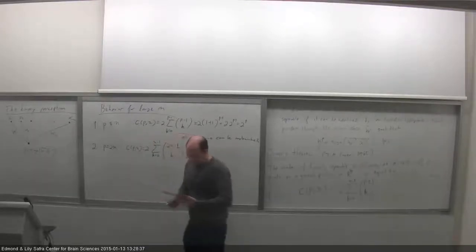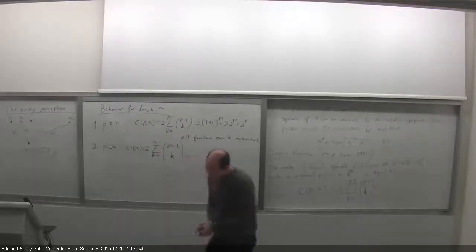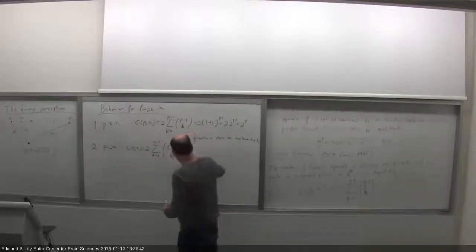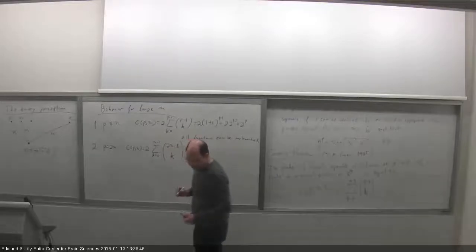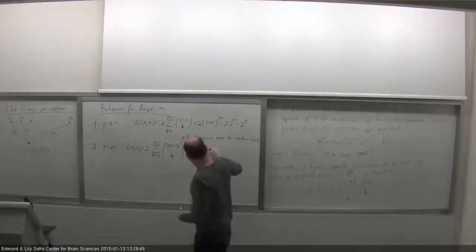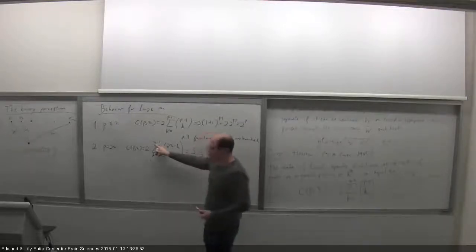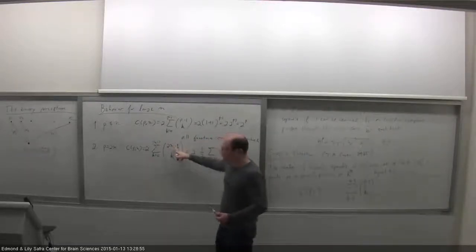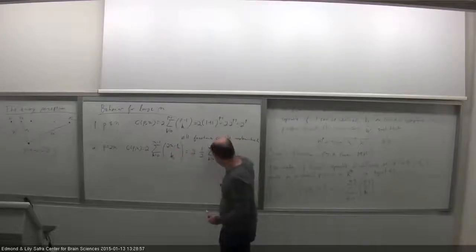And I want to rewrite this a little bit differently. So I claim that this is equal to 2 times half times the sum where k is going from 0, not now to n minus 1, but now up to 2n minus 1.